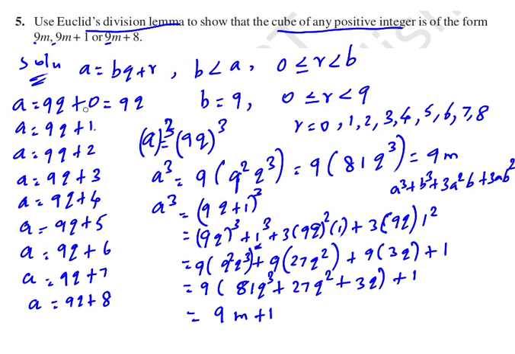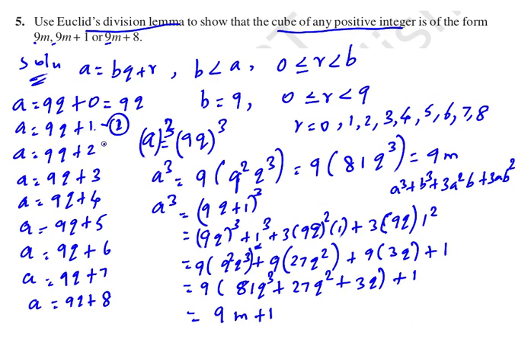So for the cube of this number, first case a equal to 9q plus 0 equal to 9q itself, if we take cube on both sides, we got it is in the form of 9m. The second case a equal to 9q plus 1, we have taken cube on both sides and brought it in the form of 9m plus 1.